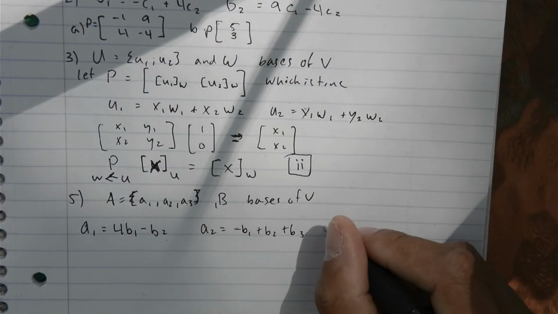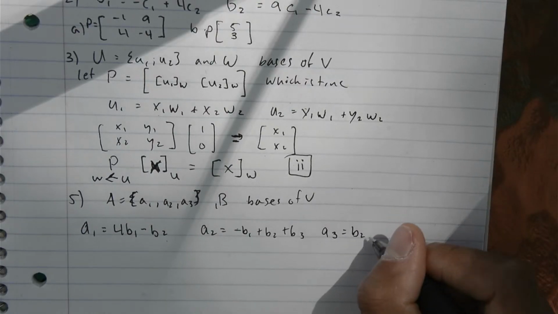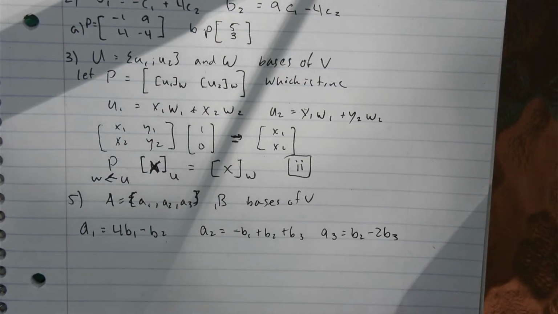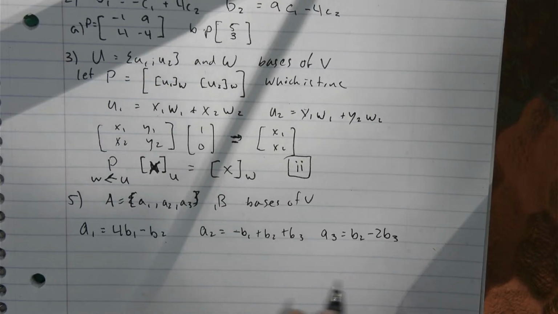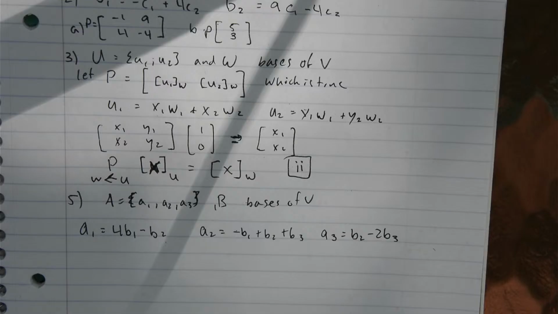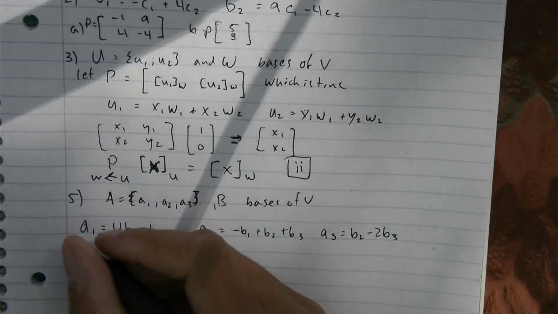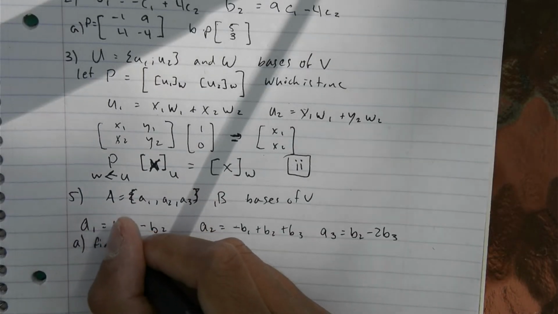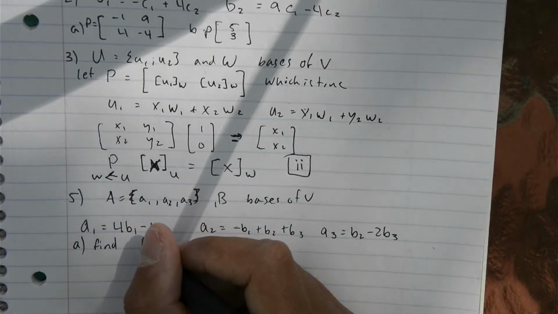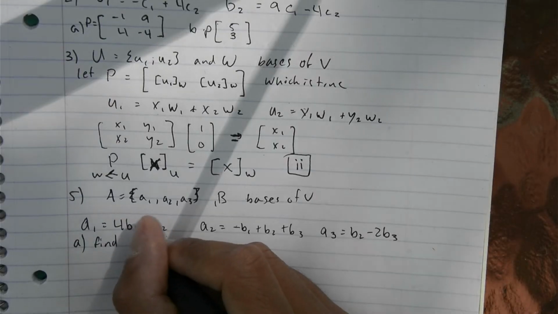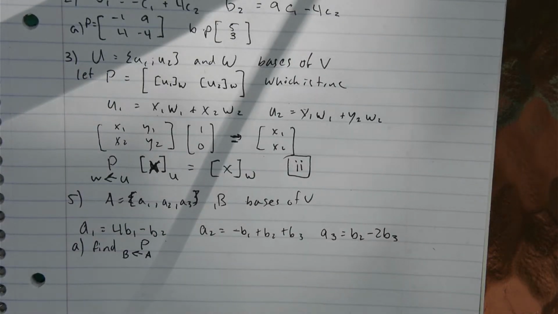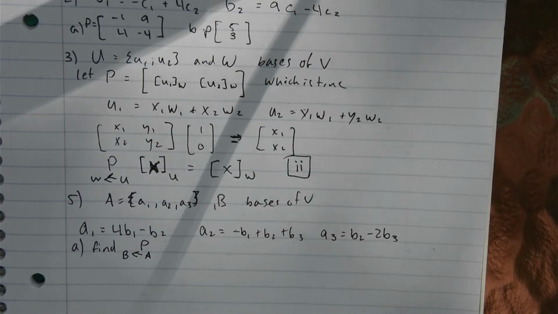And finally, A3 is equal to B2 minus 2B3. Oh, this is just find the change of coordinates. Okay, so part A is find P from A to B.